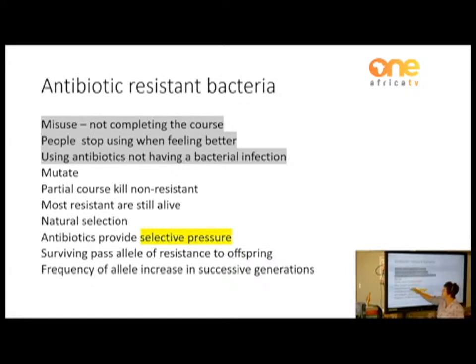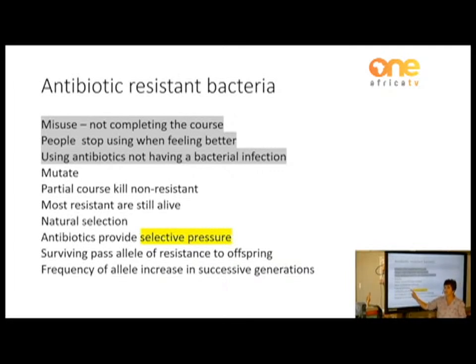So some have a mutation, and those that are resistant stay alive. Natural selection caused them to survive because their environment changed. They are adapted, even through a mutation, they adapt to the environment.